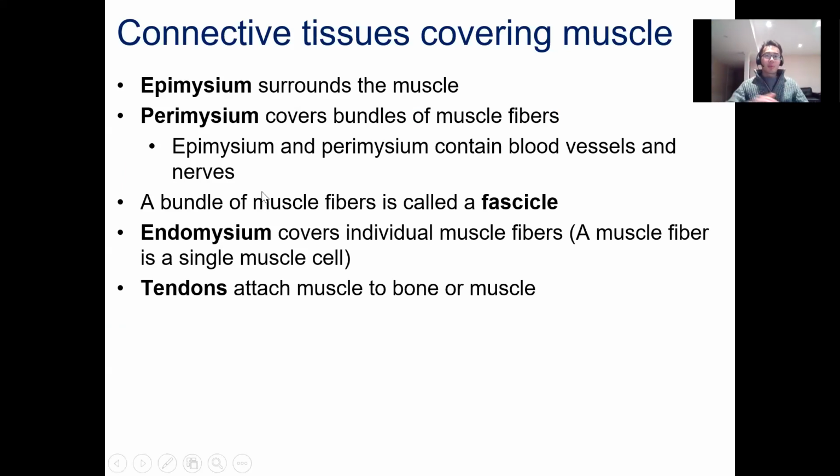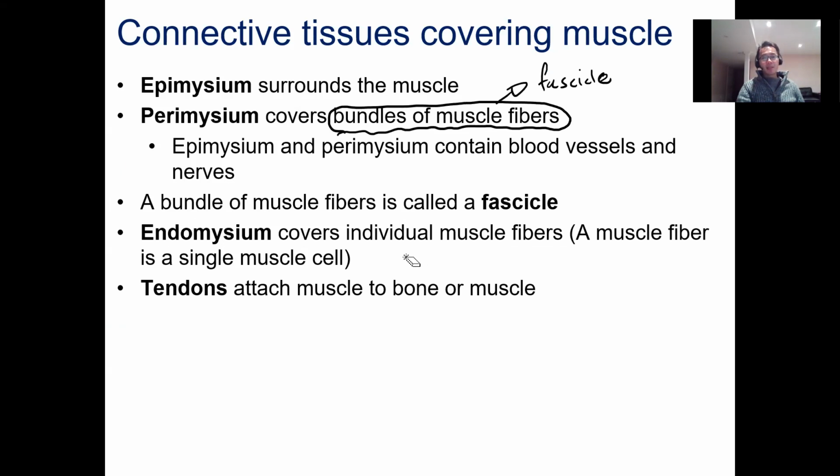Okay, so let's go through the PowerPoint slides with the description. So one more time, the epimysium surrounds the entire muscle, whereas the perimysium covers a bundle of muscle fibers. We know now that a bundle of muscle fibers is called a fascicle, the pork that I was talking about.